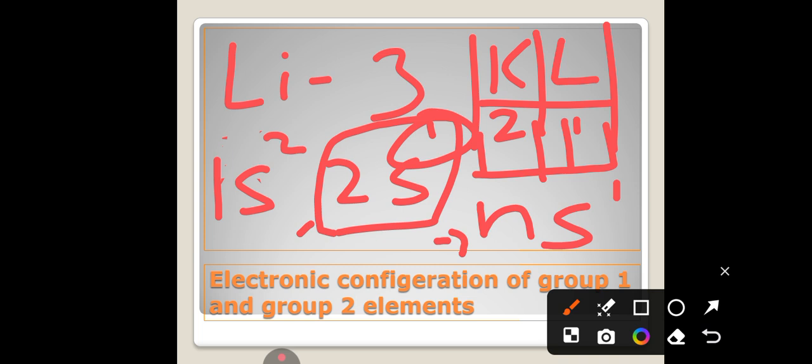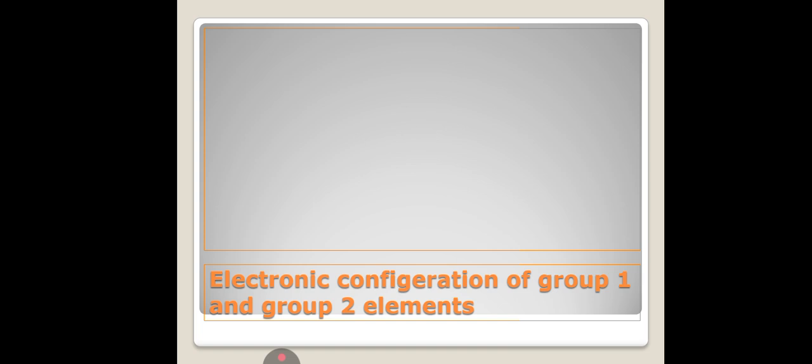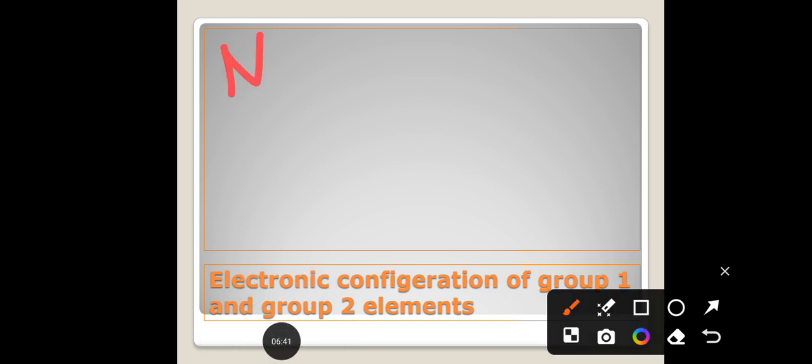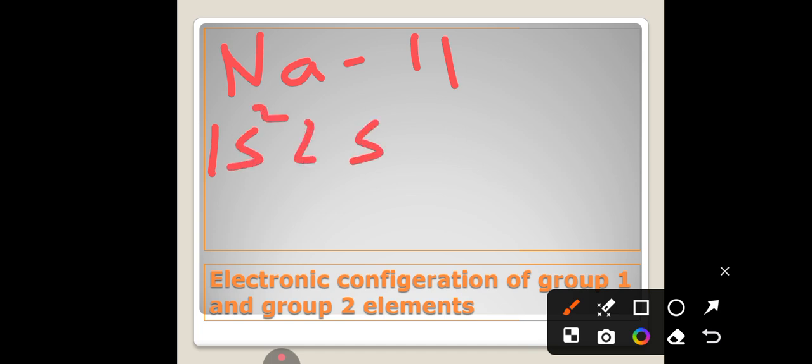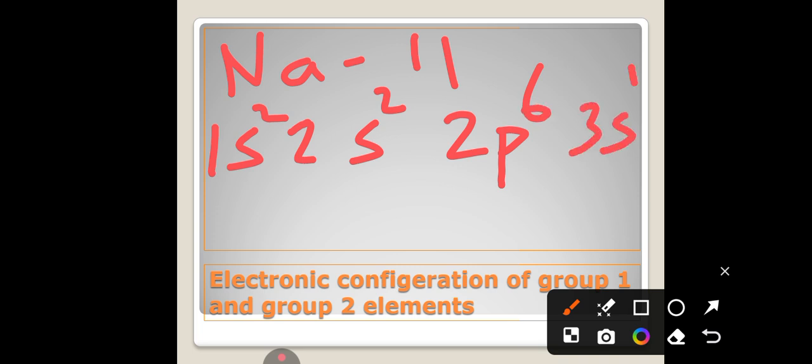Now, let's take one more example. Let's take sodium. What's the atomic number of sodium? It's 11. And if I have to write its electronic configuration, it will be 1s2, 2s2, 2p6, and 3s1. Now observe the valence electron, or the valence orbital.